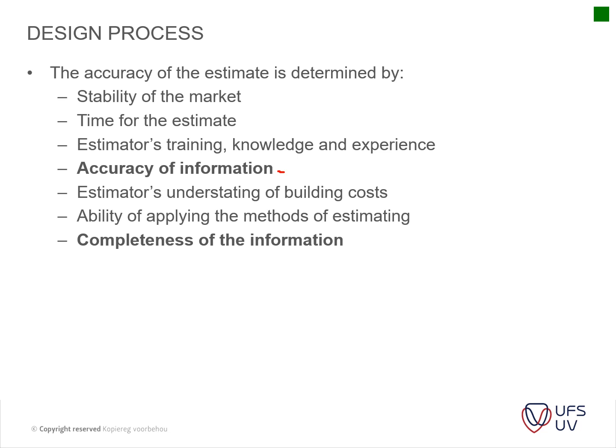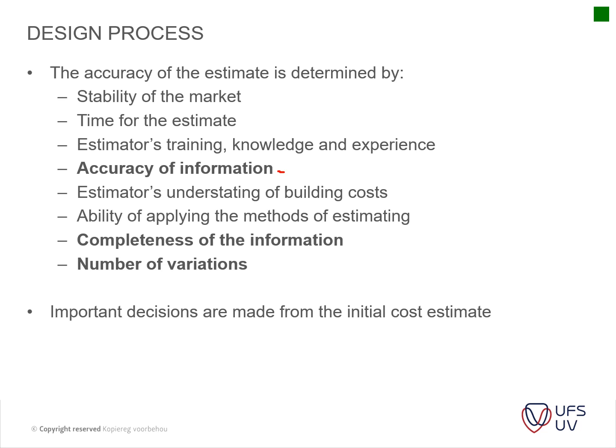That type of thing. The completeness of information is very important. Does it meet all the client's requirements? That also happens quite a bit, where the client comes back later on, but they actually wanted this also in the design. Then the number of variations. How many variations are there on the project?